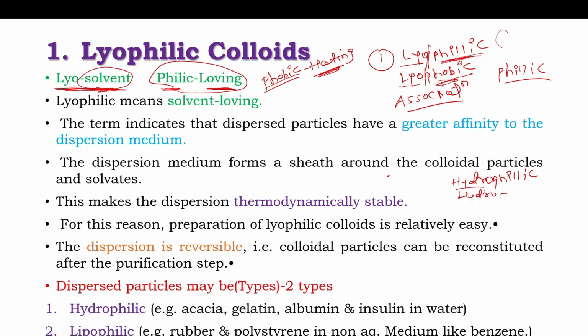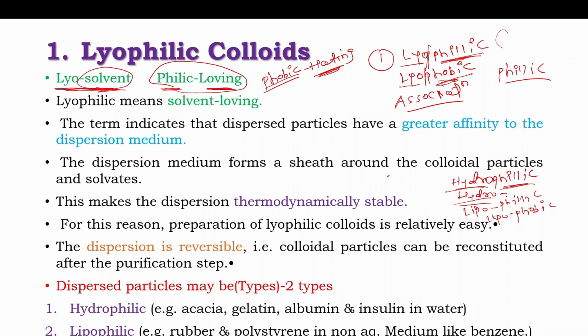Similarly, lipophilic and lipophobic. Based upon this splitting you can define these words. Hydrophilic: hydro means water, and philic, as we just studied, means loving in nature. Second, it is the hydrophobic.